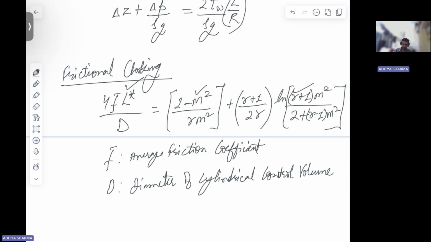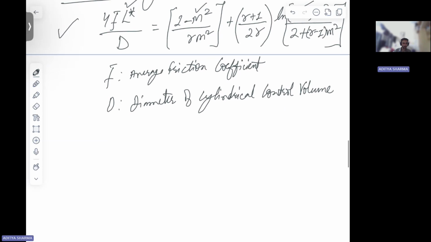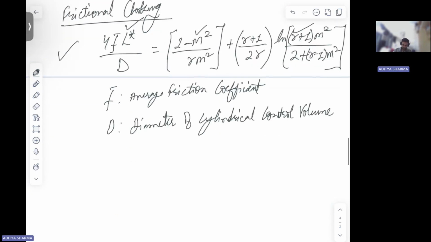This can be calculated using this formula.